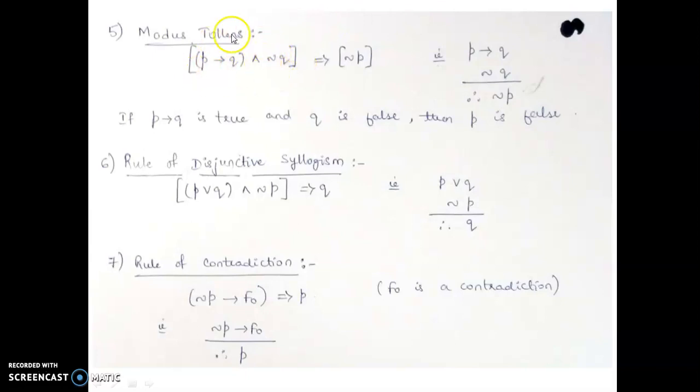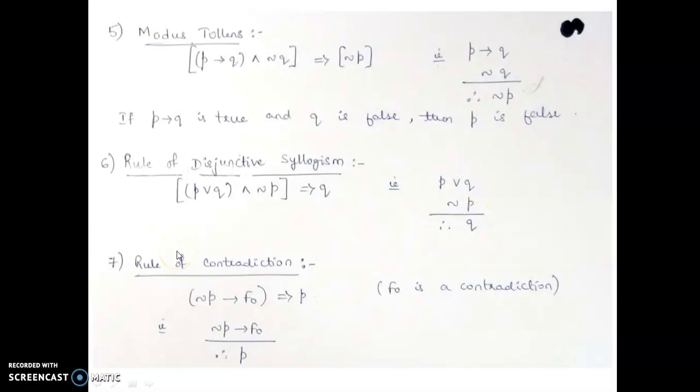If any one of them is false, then it will be false itself. Rule of disjunctive syllogism. It says that P or Q and inverse of P gives Q itself. So the resultant will be Q.